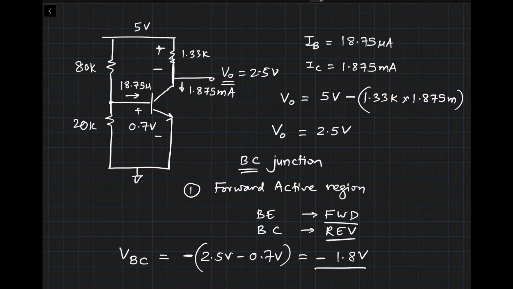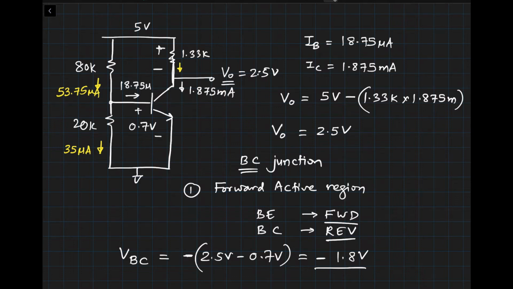Let's now put out the DC operating point with all the numbers here. The current through 20K is going to be 0.7 volts divided by 20K. That would be 35 microamps. The current through 80K is the total current, 35 plus 18.75 microamps, which is equal to 53.75 microamps.